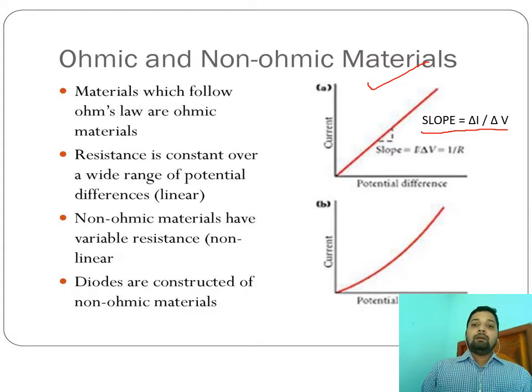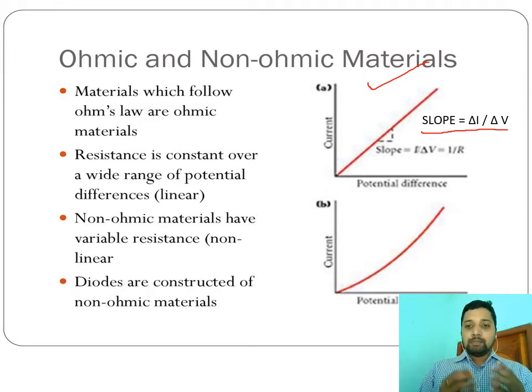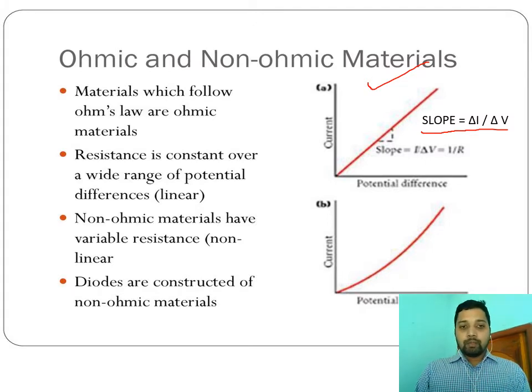That means to calculate the resistance, here you can see V by I equal to R, but in the slope we get change in current by change in potential difference, so we get 1 by R. 1 by R equal to I by V, and R equal to V by I. So we can calculate the resistance by taking a VI graph, for an ohmic conductor which obeys Ohm's law, and for a non-ohmic conductor which does not obey Ohm's law.